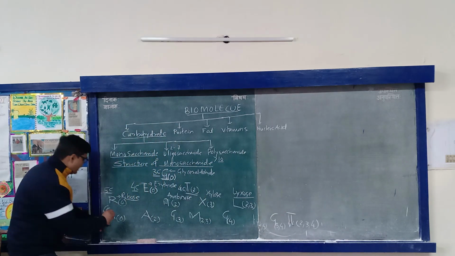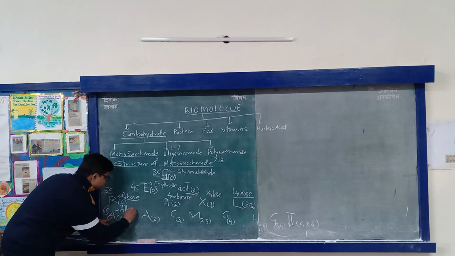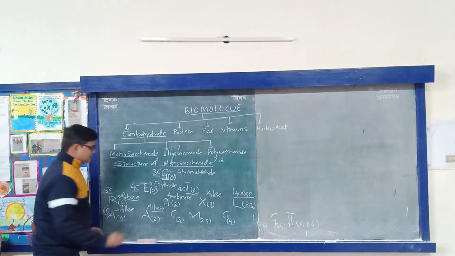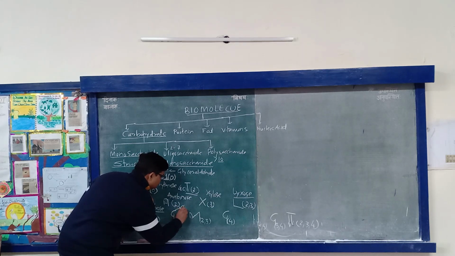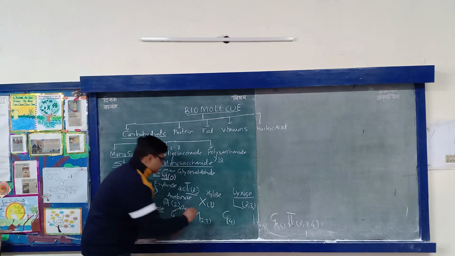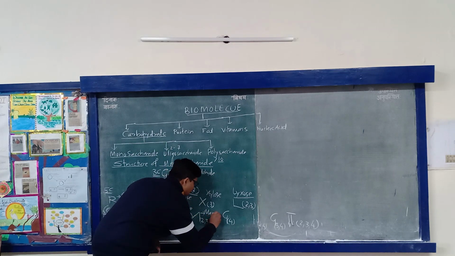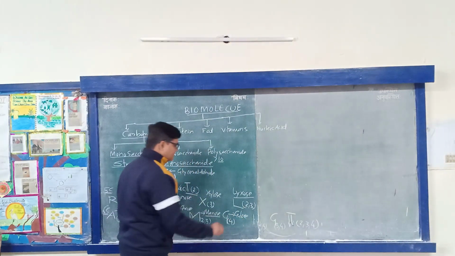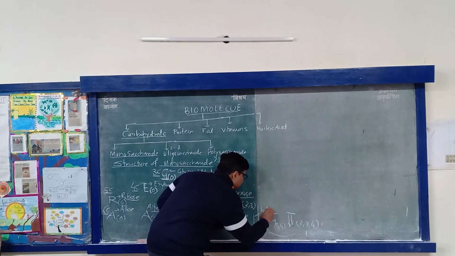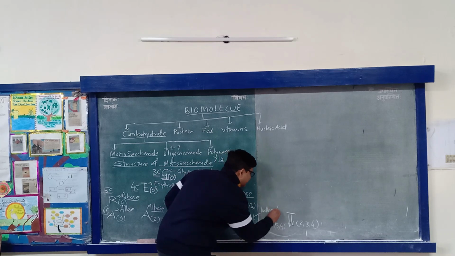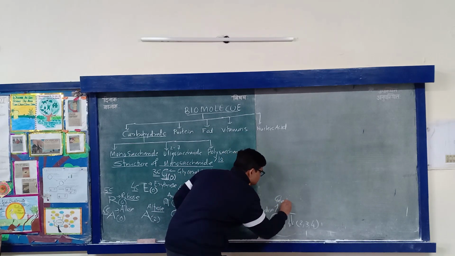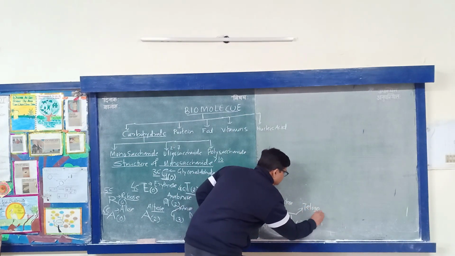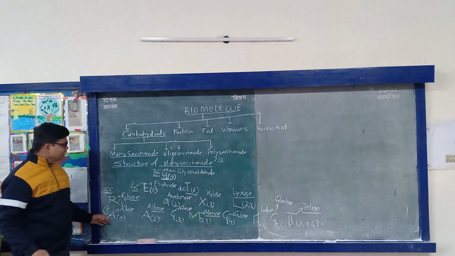This is allose, this is altrose, this is glucose, this is mannose, this is gulose, this is idose, this is galactose, and this is talose. So these are 6 carbon containing monosaccharides.